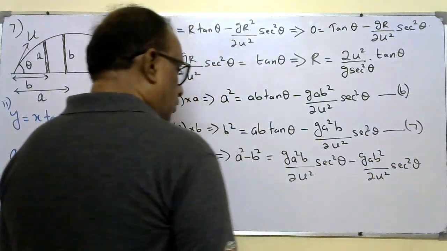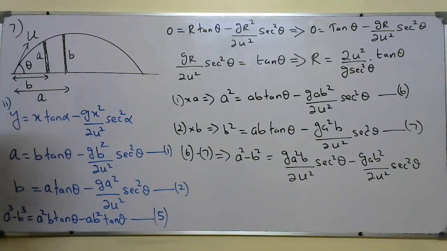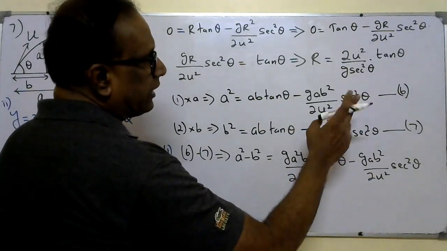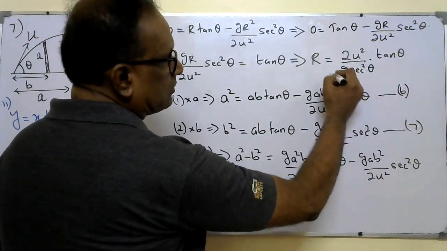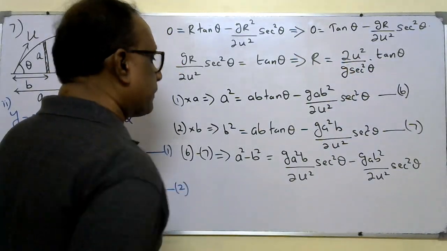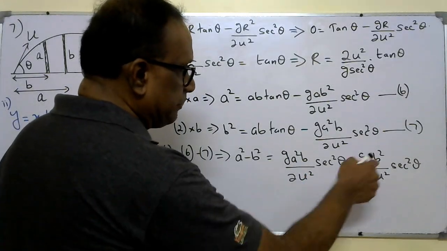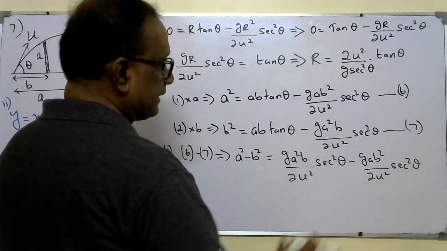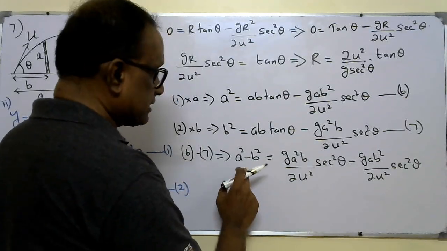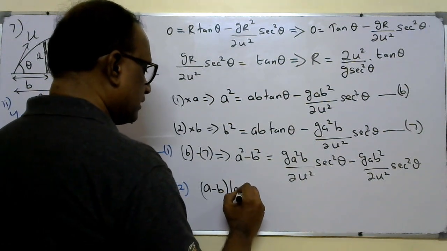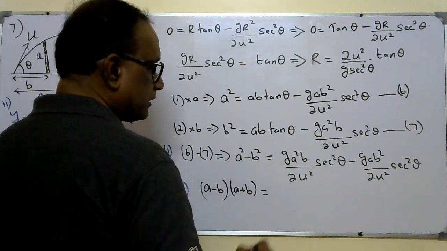Okay, so what can we do? We need 2u squared over sec squared theta, because here I need to replace this to get the range R. At the same time, I can take gab out and factorize. A minus b, a plus b, a simple format I want to get.